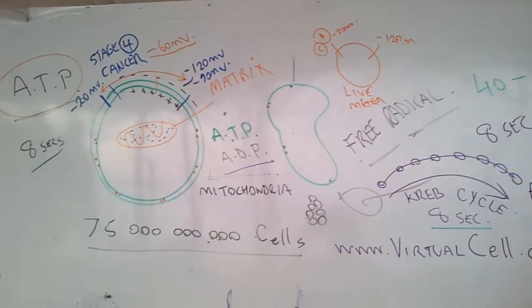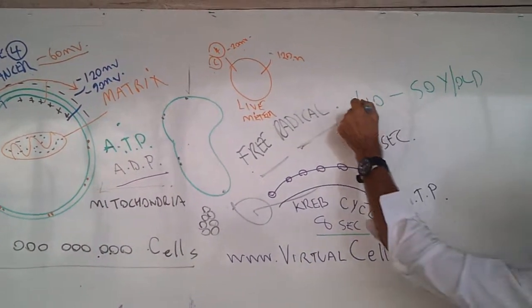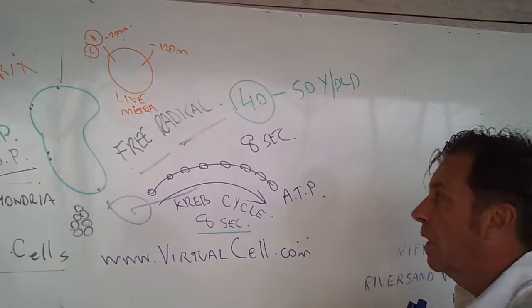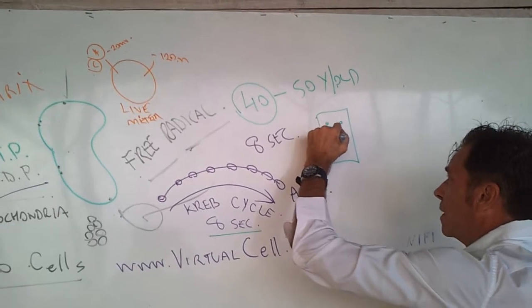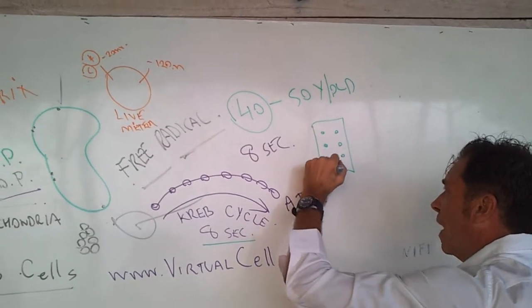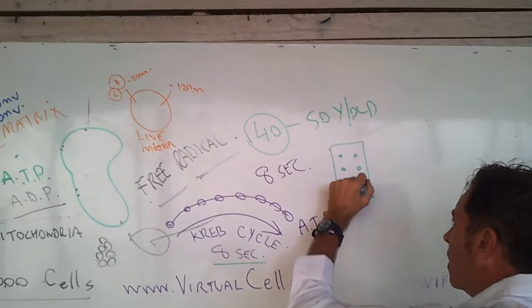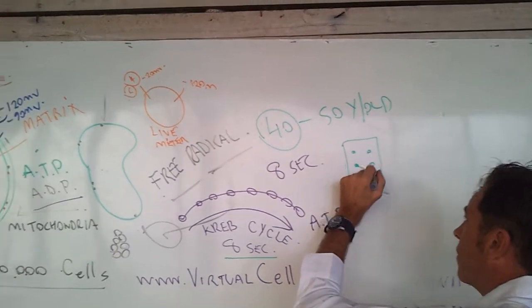So every 8 seconds we need to make ATP, and when you hit 40, it's like a V8 car. You have 8 cylinders. It could be a V8 Ferrari or Mercedes, and on those 8 cylinders you have spark plug leads.